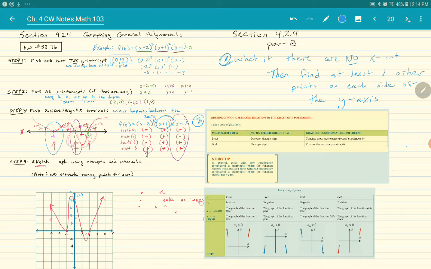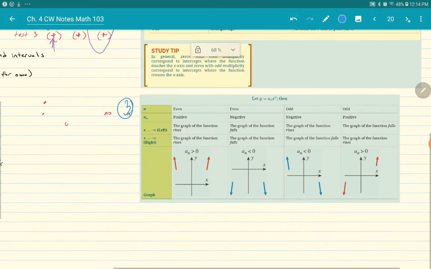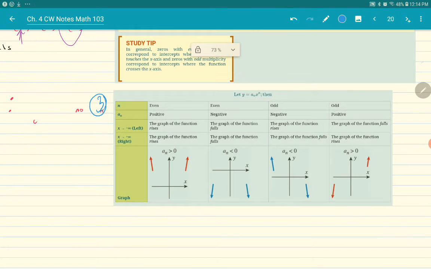And the third thing I want to talk to you about is the end behavior. So I'll try to make this a little bigger. You can think again about your even function: the end behavior of an even function is the same as a parabola, or x squared. So if a is greater than 0, then your end behavior has both ends positive.